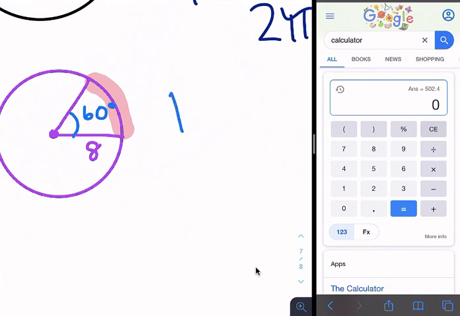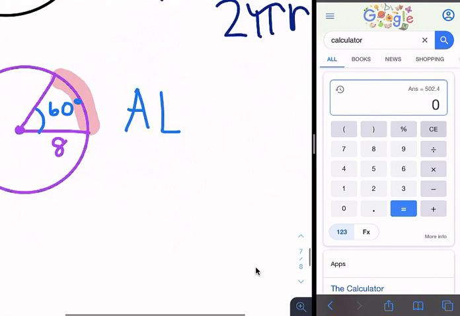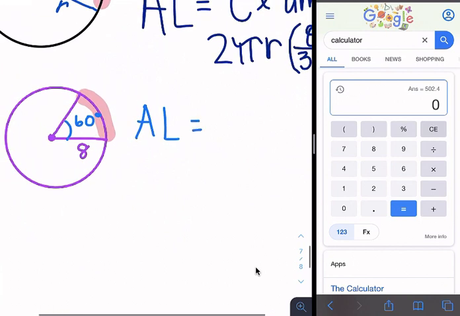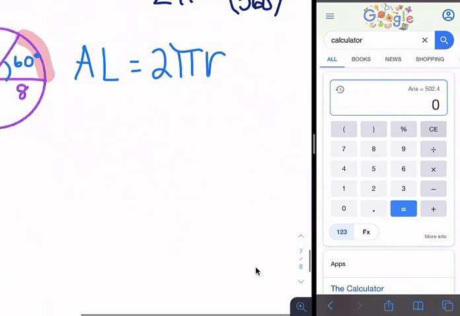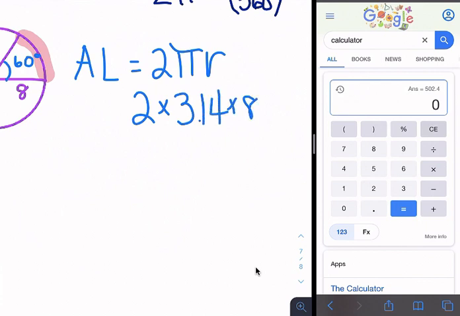So to find my arc length, I'm going to do the circumference, 2 times pi times r. So we're going to do 2 times 3.14 times the radius, which is 8.